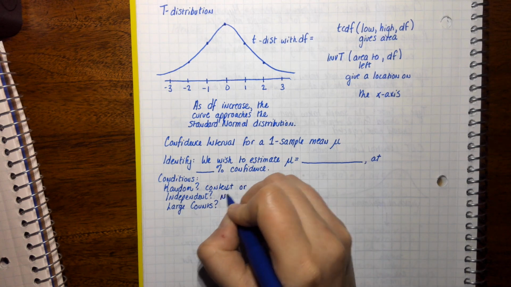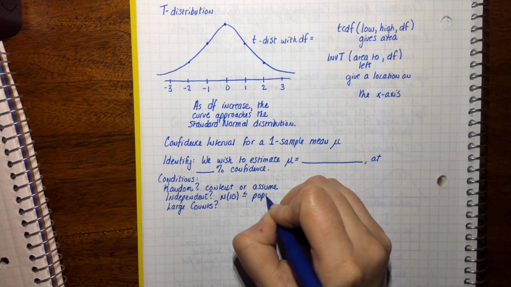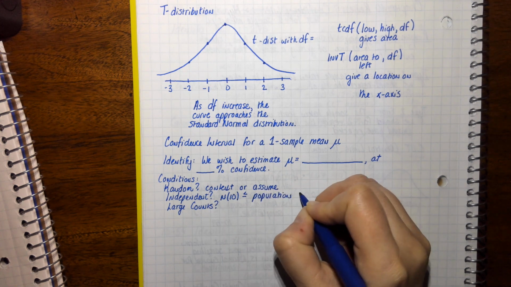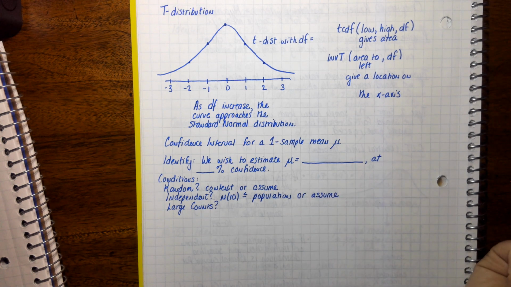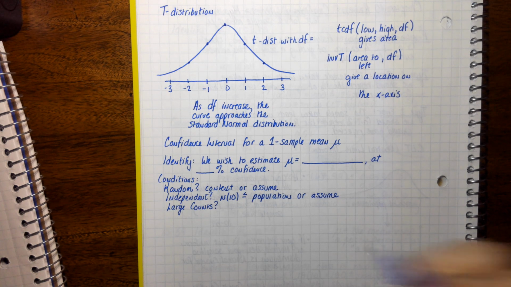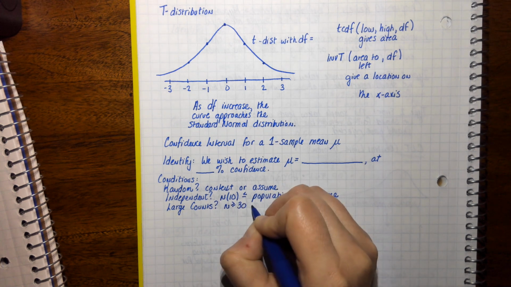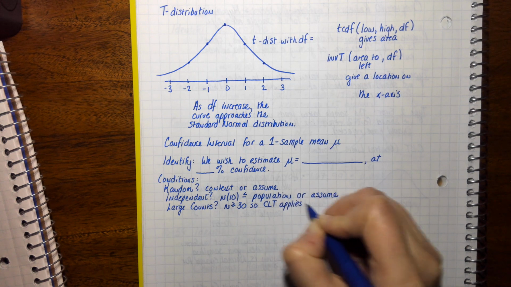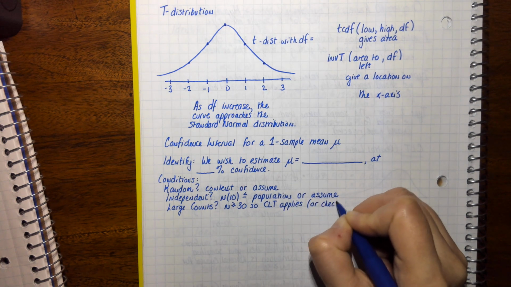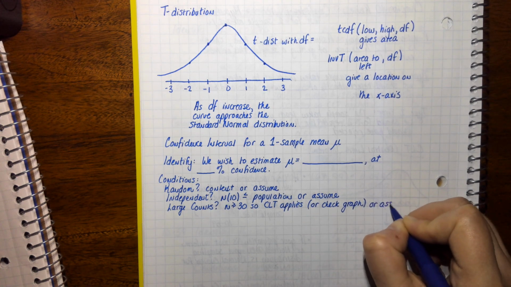Independence is n times 10 is less than or equal to the population, or some kind of assumption. For the large counts condition here, we want to use the central limit theorem, so n is greater than or equal to 30, so CLT applies, or check a graph, or assume.